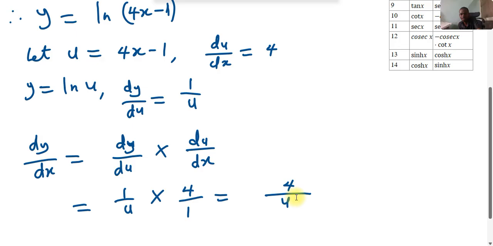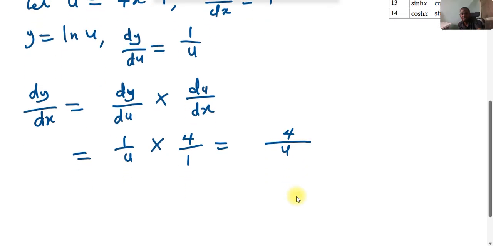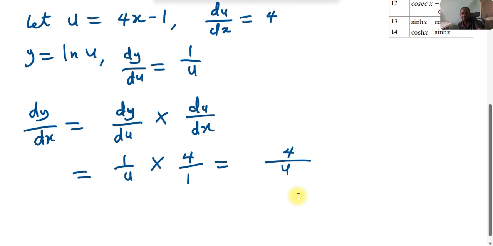But don't forget that we represented our u as 4x minus 1. So I will replace u with 4x minus 1. So I have 4 over (4x minus 1). With this, I have come to the end of question 2.